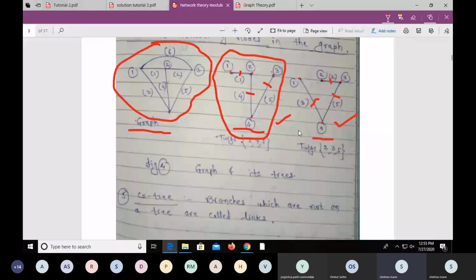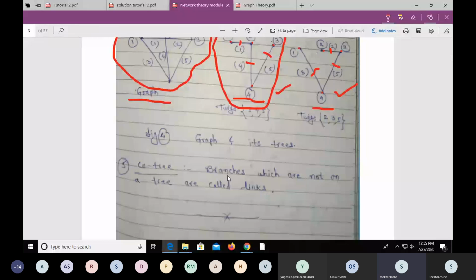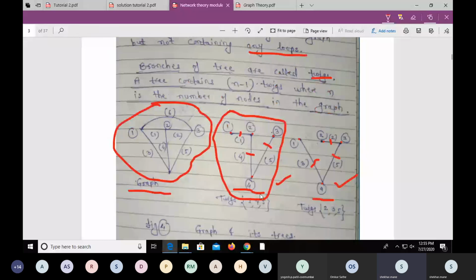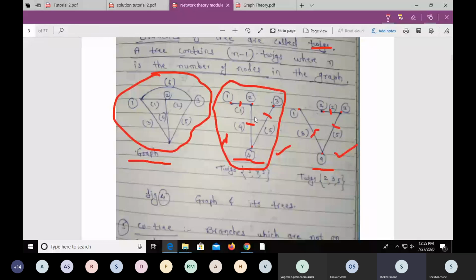Then next is the co-tree. Branches which are not in the tree are called links. Now if you see this example, there are branches 6, 3 and 2, which are not there in this tree.